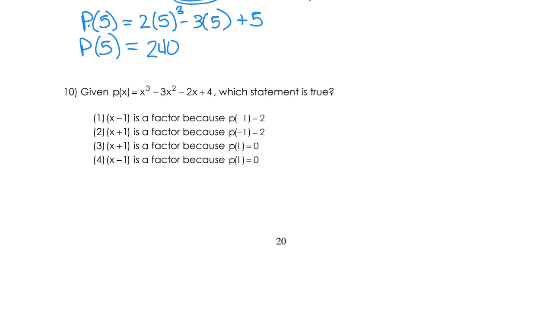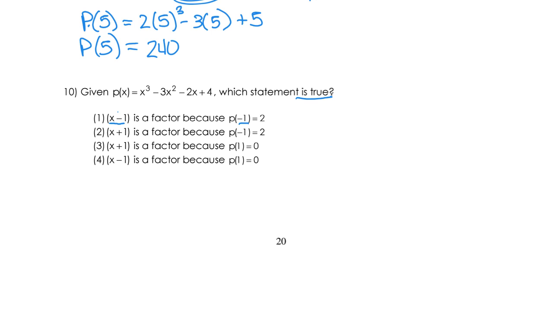Okay. Number 10. It says, given p of x, which statement is true? So we could go ahead and substitute these in. You might be able to use your calculator if you wanted to, but let's do the first one here. Well, hang on. I'm not even going to do this first one because this doesn't seem right.